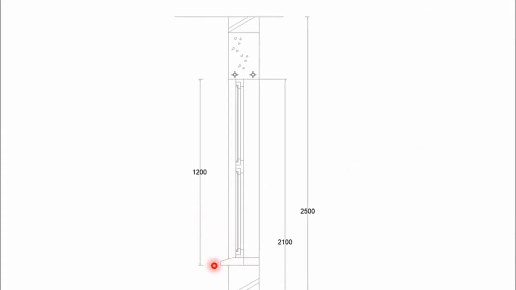Details of the window may not be required at this point, because the scale is too small to show all these details. But I've tried to show this since the software I'm using allows me to do that. Now you can see that this is the window.